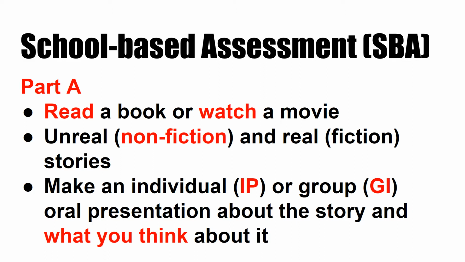So nonfiction and fiction are the 2 kinds of stories that you have to read or watch. And then you have to make either an individual presentation, IP, or a group interaction, GI. And in the IP and the GI, you're supposed to talk about what you think about the book or the movies, the fiction and nonfiction that you have read or watched.